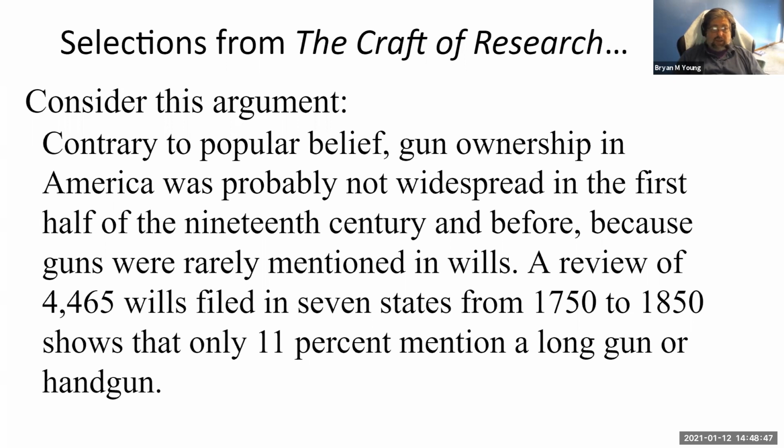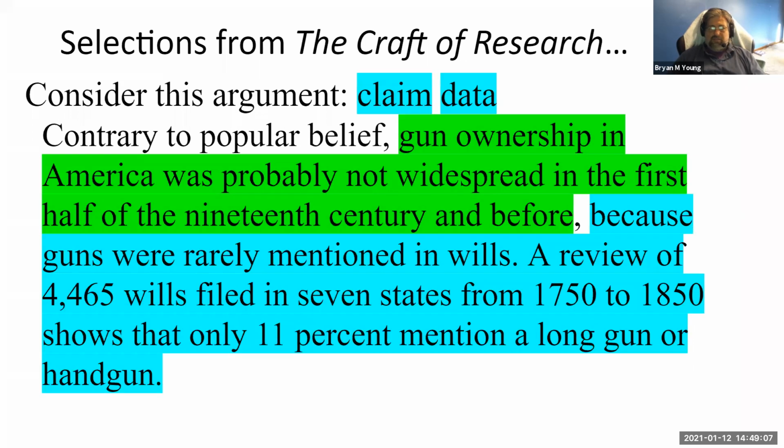So we have a claim: gun ownership in America was not widespread. We have evidence: a review of nearly 4,500 wills, only 11% had guns. However, you're probably asking yourself, what does that have to do with anything? It's missing a warrant. It's missing an explanation.